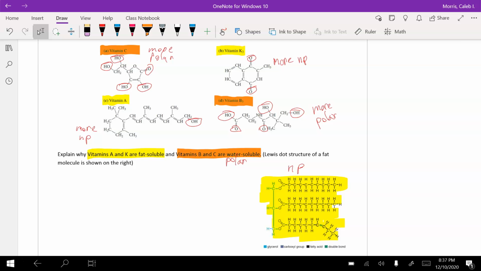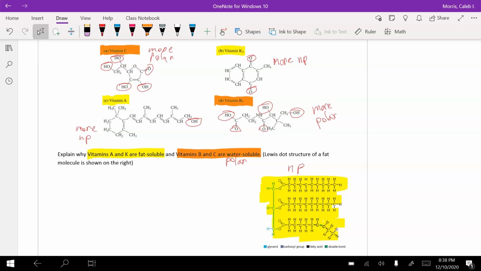In vitamin A and vitamin K, it's mostly nonpolar. There's a small polar section on vitamin A, but the biggest part of vitamin A is actually nonpolar, which causes a really strong LDF interaction between it and a large nonpolar molecule like a fat.